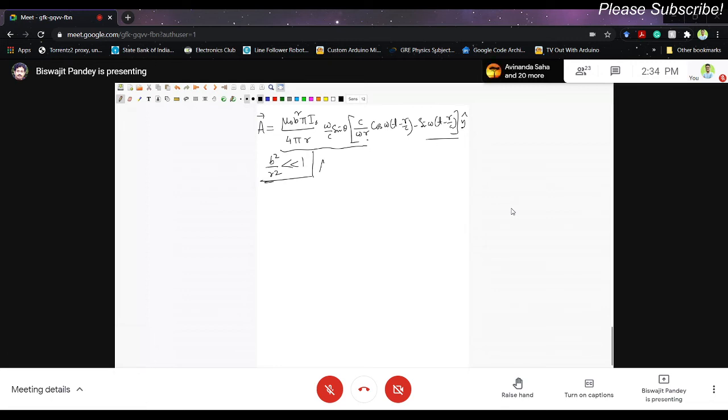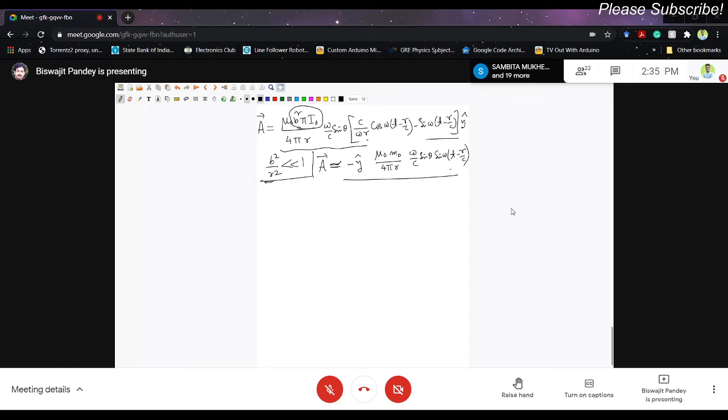So this vector potential A can be written, nearly equal to, minus y cap, the minus sign is there, so minus y cap mu 0 m0, where M0 is pi b square I0, the magnetic moment (pi b square is the area, and I0 is the peak current), divided by 4 pi r, omega by c, then sine theta and sine of omega t minus r by c. This is the vector potential.